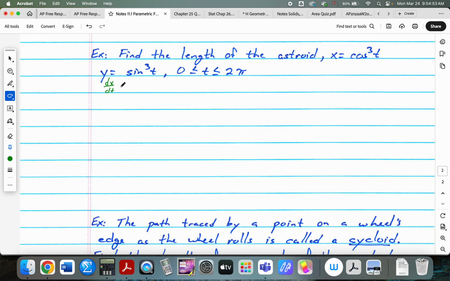So dx dt is 3 cosine squared of t times negative sine of t, because of the chain rule, and dy dt is going to be 3 sine squared of t times cosine of t.